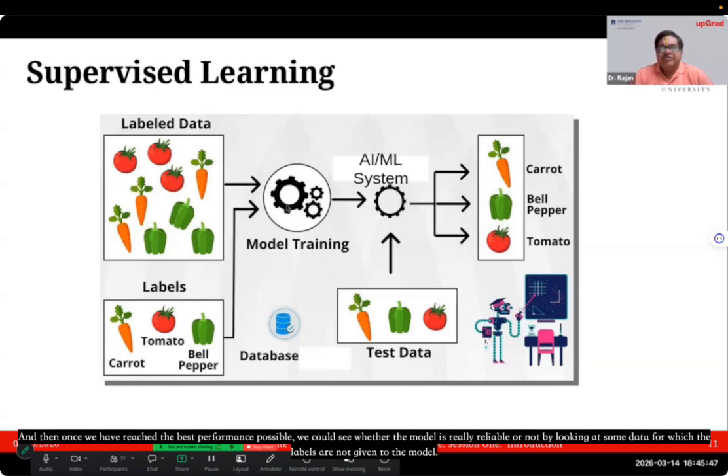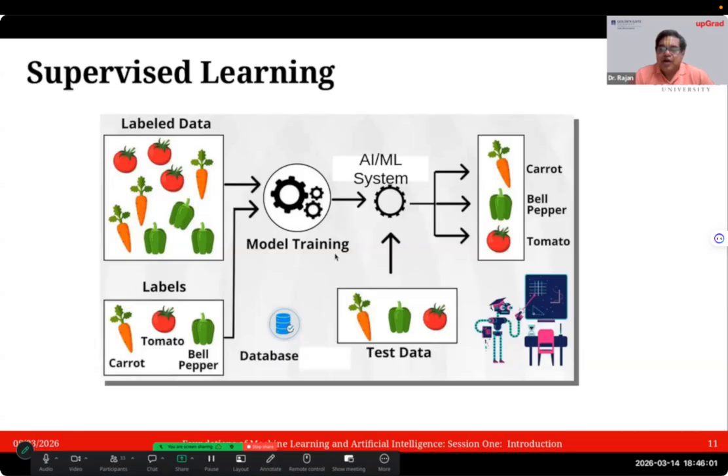Once we have reached the best performance possible, we could see whether the model is really reliable or not by looking at some data for which the labels are not given to the model. That is called testing the model, and that kind of data is called test data. This is the general procedure we have for supervised learning.